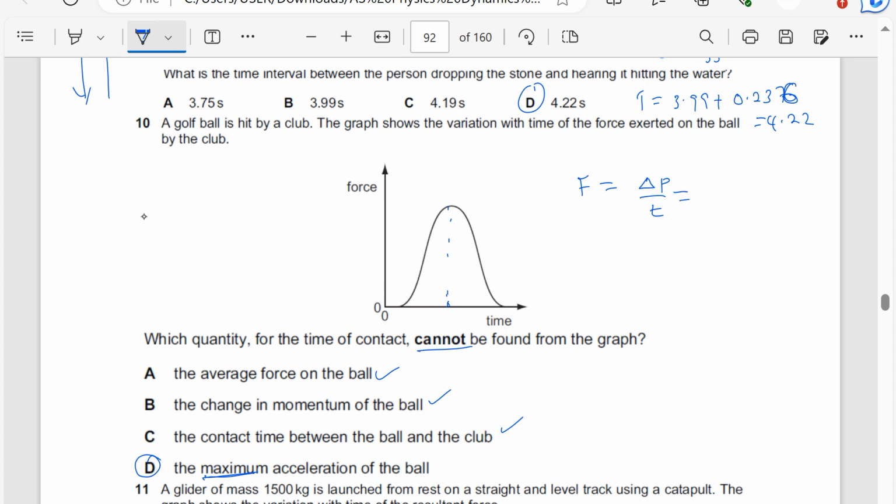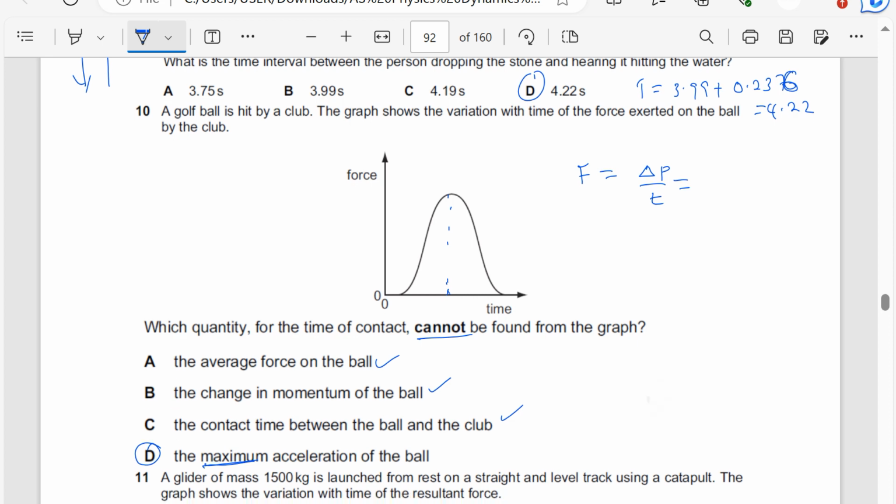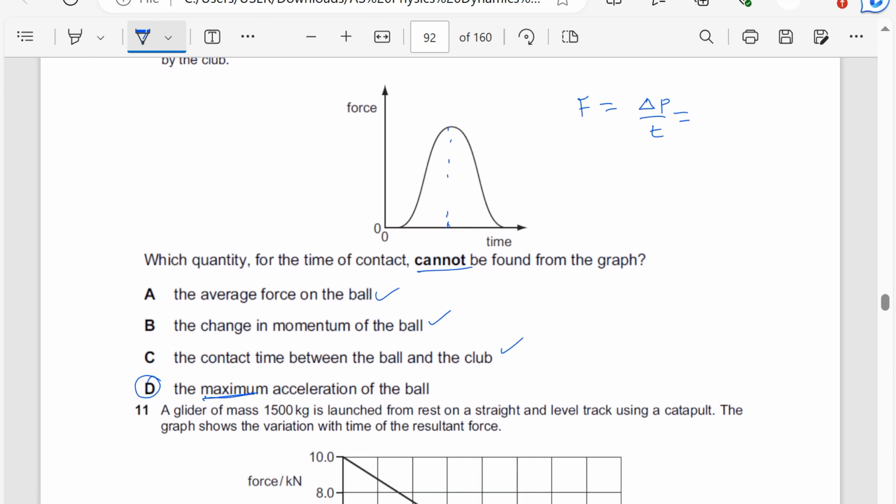This gives us constant acceleration, but this force is not constant. We cannot find the maximum resultant force from the graph, so we cannot find the maximum acceleration of the ball from the graph.